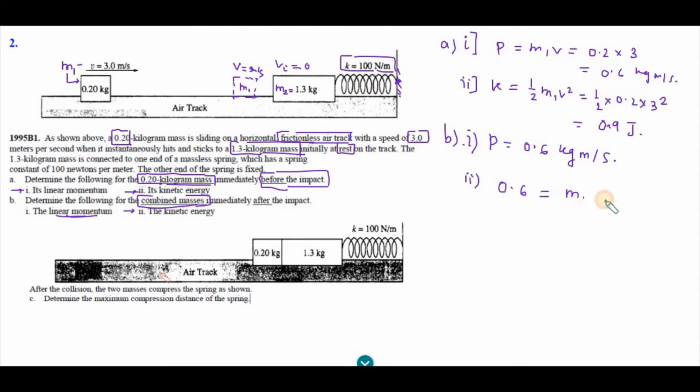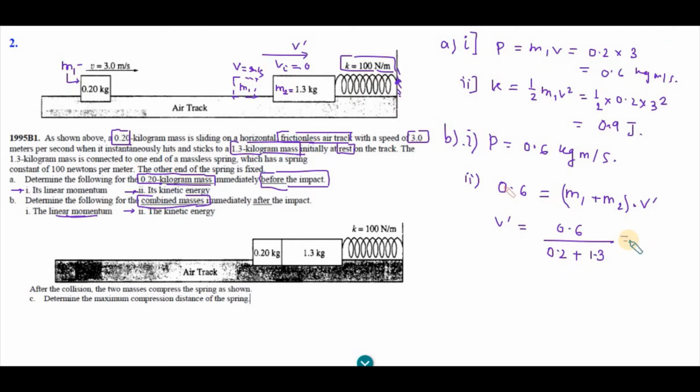Since the two masses are moving together, m1 plus m2 times the combined velocity, let's say v prime. So v prime equals 0.6 divided by m1 plus m2. m1 plus m2 is 0.2 plus 1.3. So how much will you be getting?